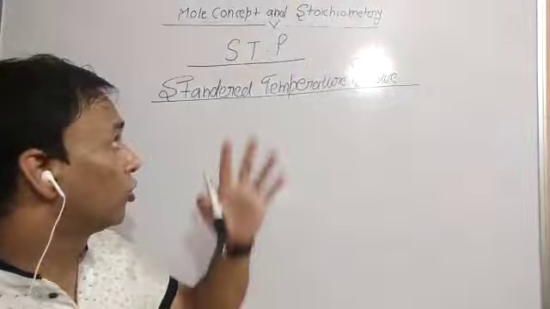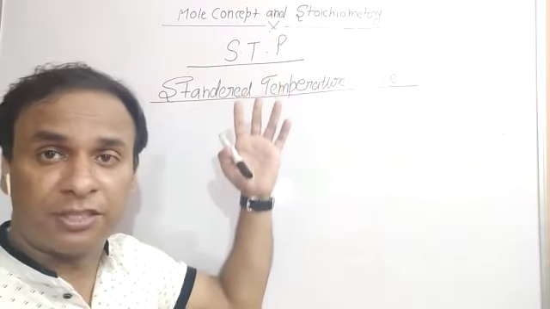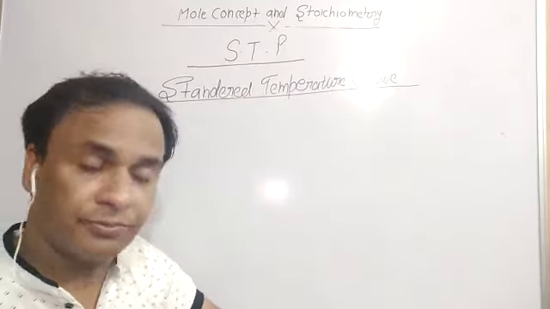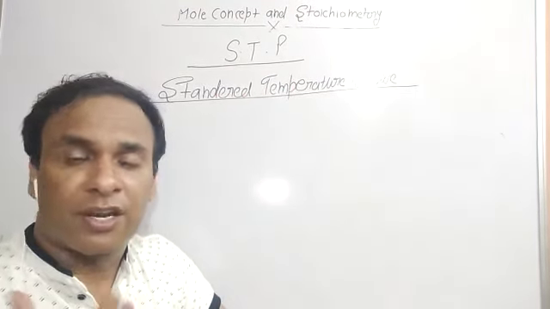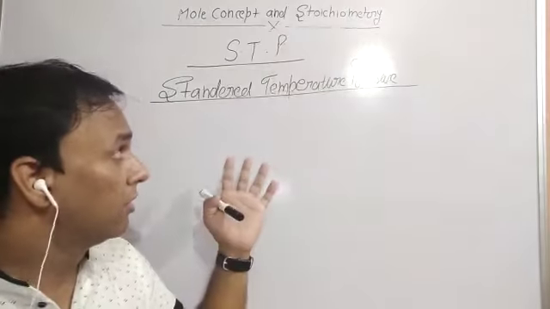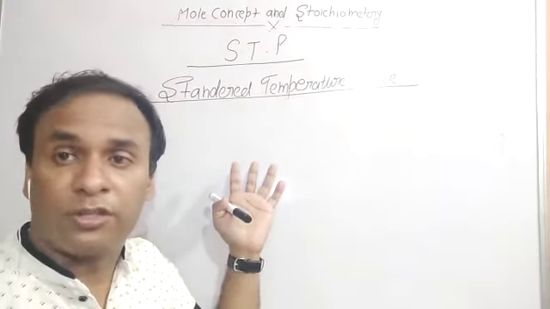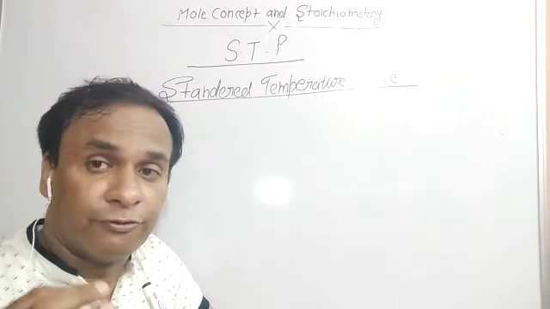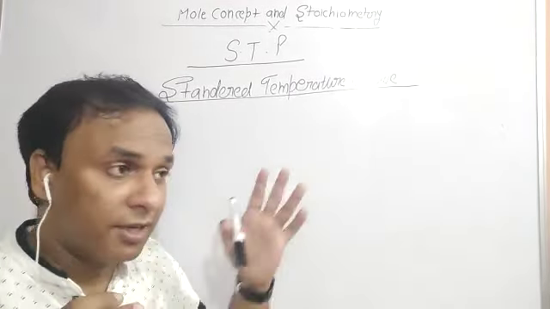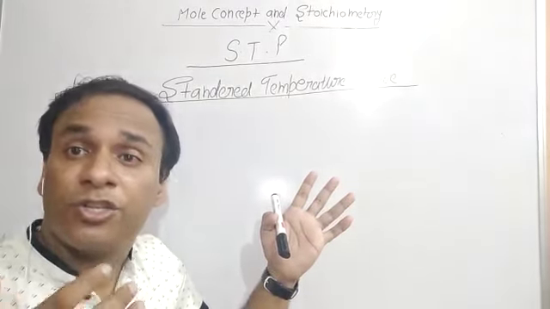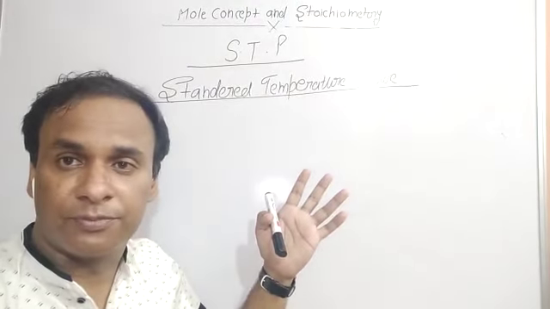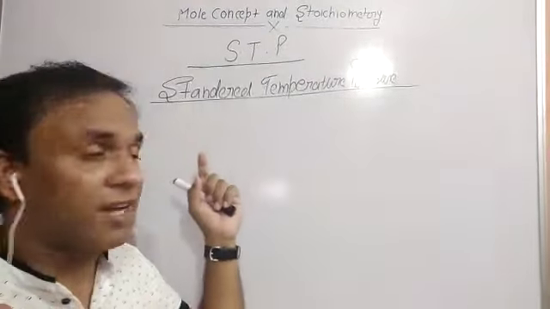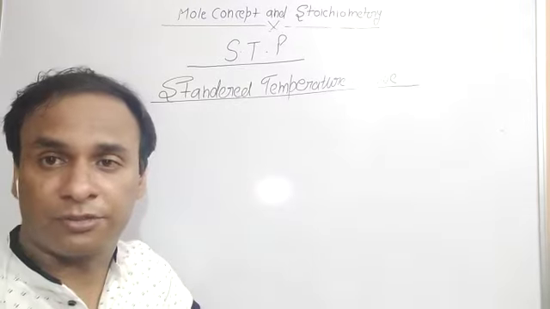Listen, the next topic is STP. What do you mean by STP? STP stands for standard temperature and pressure. How do we use standard temperature and pressure in this mole concept? The volume of a gas changes very much with temperature and pressure, so we have to choose standard values of temperature and pressure.